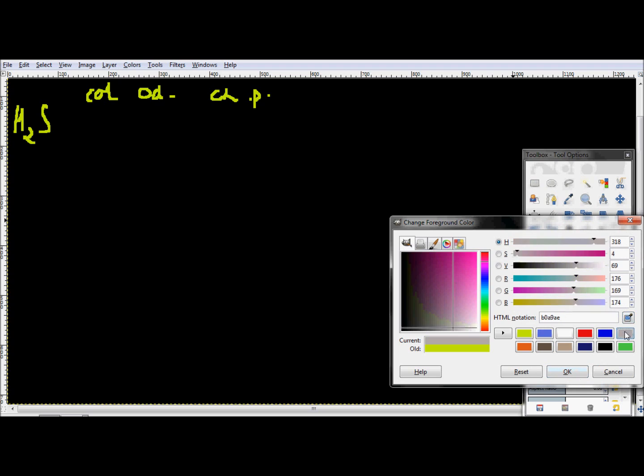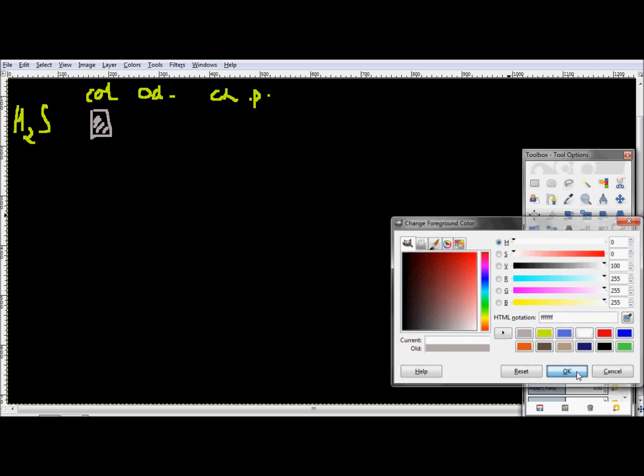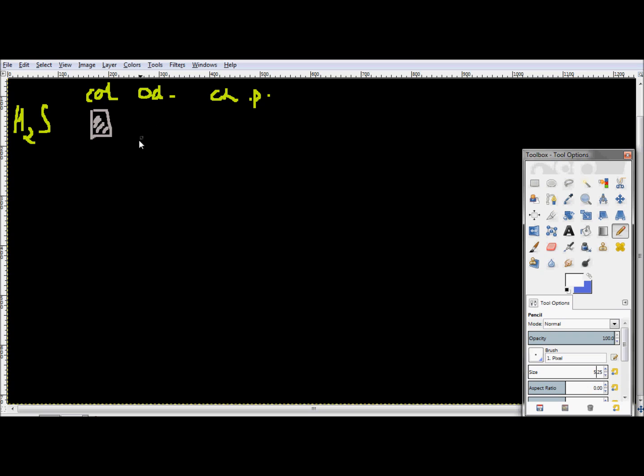Now it's colorless, so I'm putting this to show that. Odor. Now I really don't know how to draw this, but I'm gonna tell you before so that you have some idea of what I'm talking about. Odor is rotten eggs, so I guess I'll just draw an egg over here. Now this is H2S's unique property.